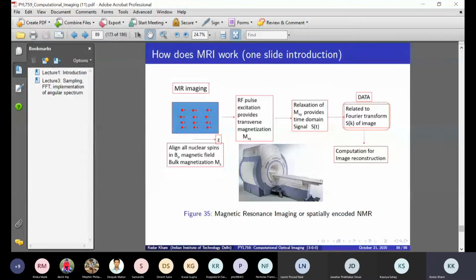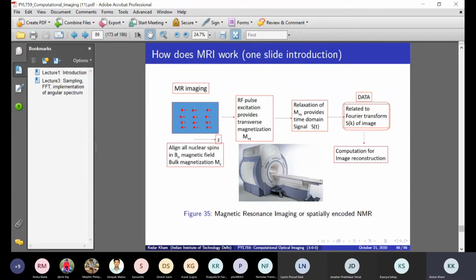Okay. So a lot of constituents in your body, like carbohydrates, contain hydrogen atoms, which are abundant. In any tissue or blood, everywhere, hydrogen atoms are in abundance.